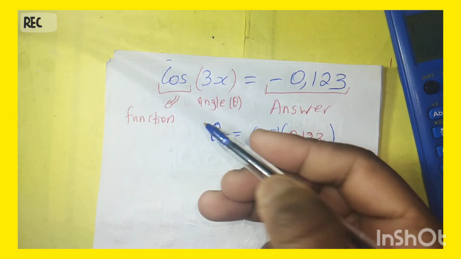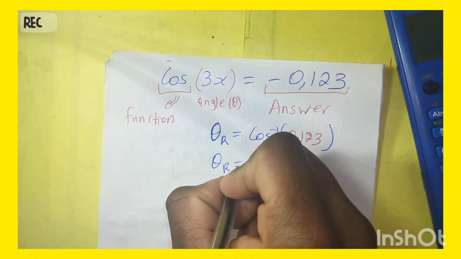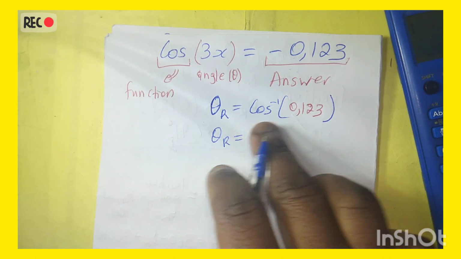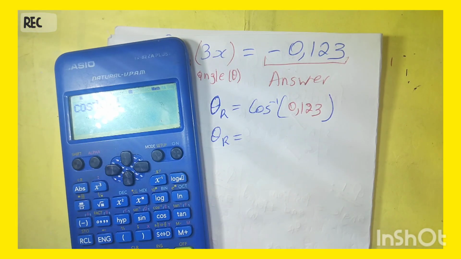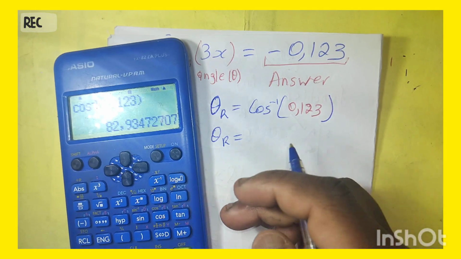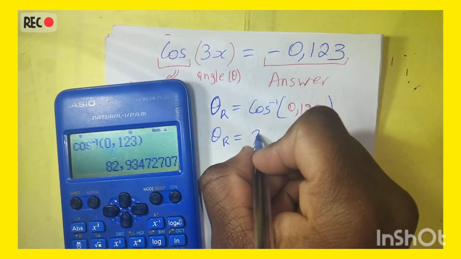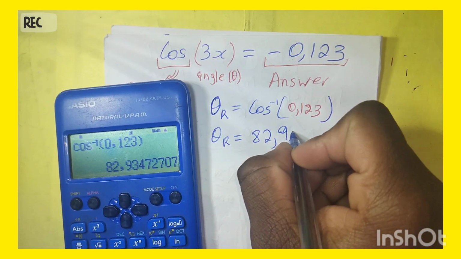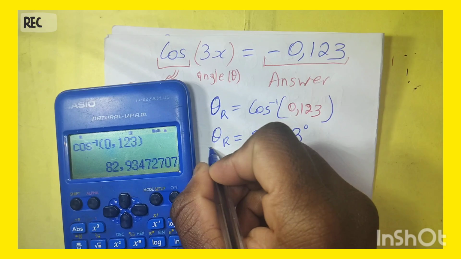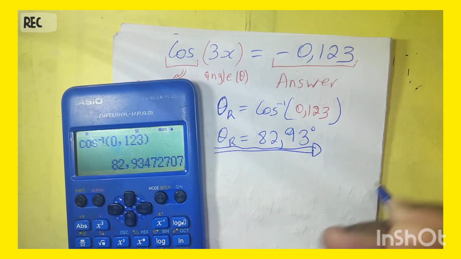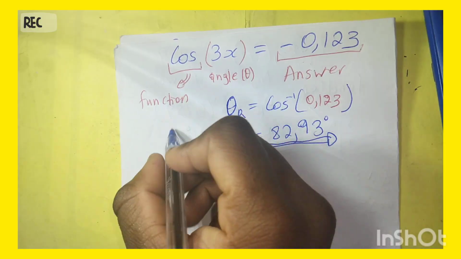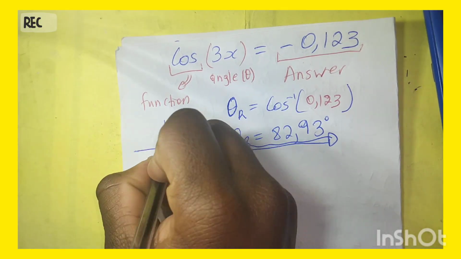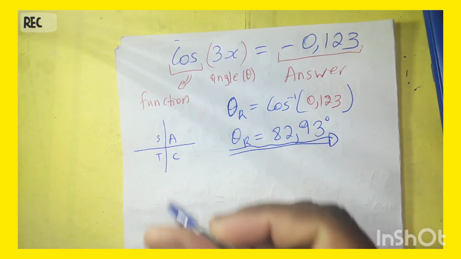Straightforward, guys, from the calculator you press this thing, and my calculator gives me this value, 9 and 3 degrees. Do you see? This is my reference angle. Now I go to the Cartesian plane just like this: All Students Take Coffee.